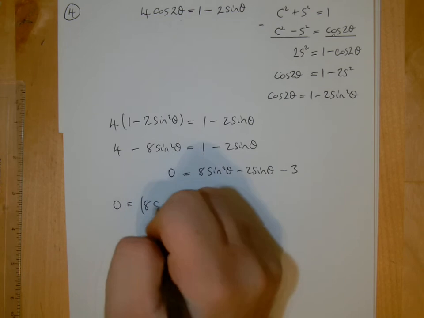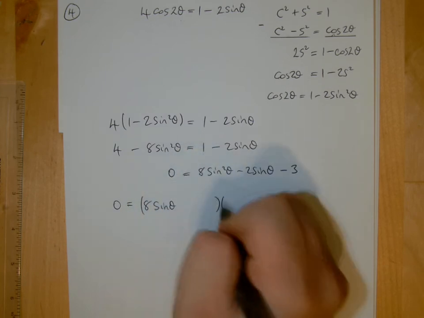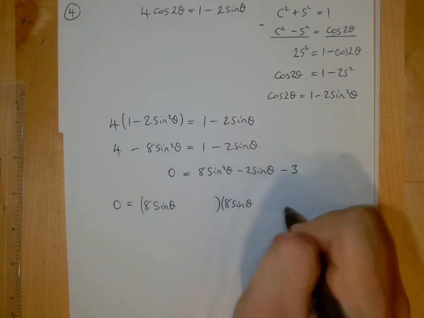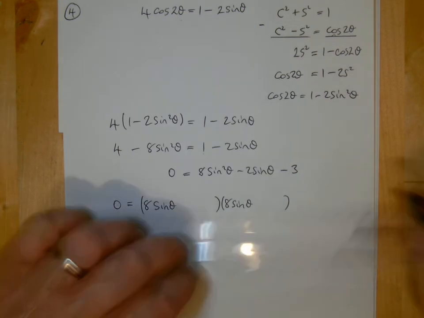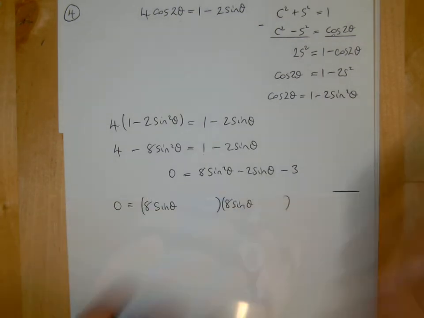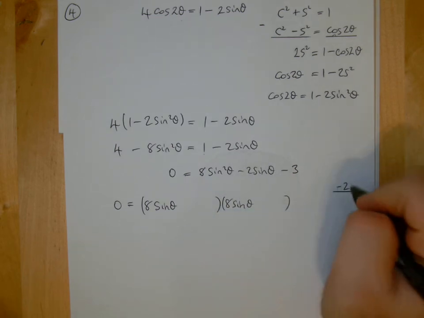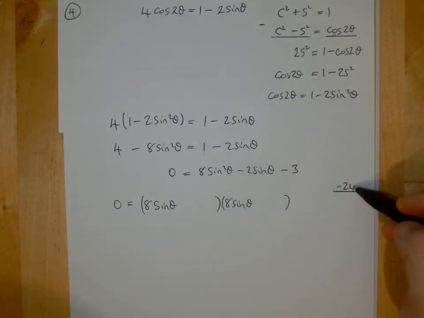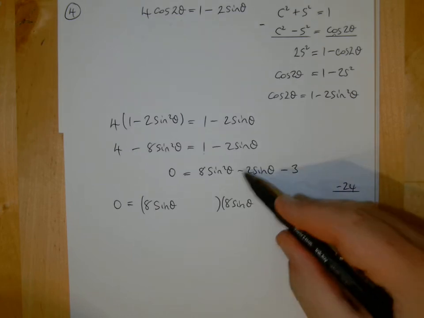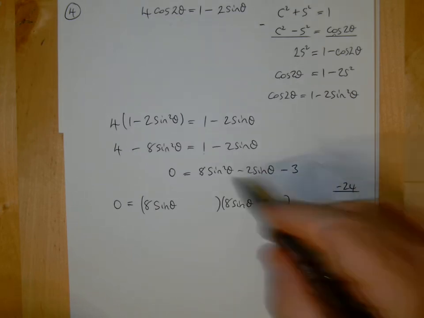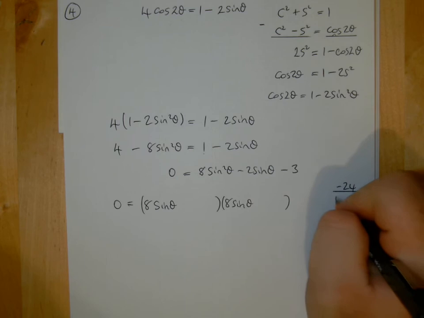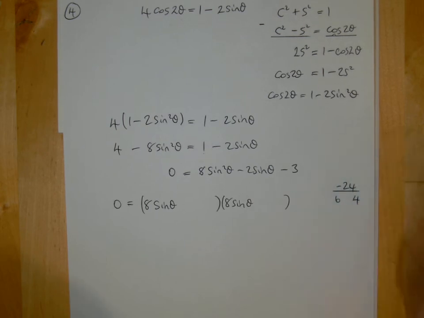So remember with our method, we put 8 sine theta in both. We need to think of a pair of numbers. Because 8 times minus 3 is minus 24, we need a pair of numbers to multiply to give minus 24 and add up to give minus 2. So 6 and 4 is a real possibility, because that will multiply to give 24.